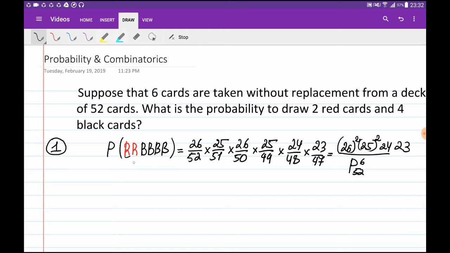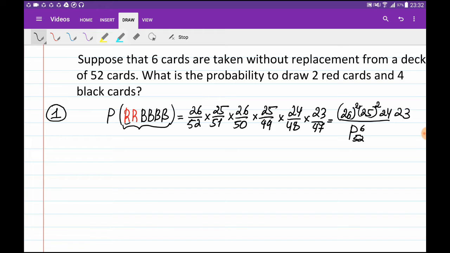Now we can draw these 2 red cards and 4 black cards in different orders. So how many different permutations exist for such a combination of cards? We need to find the so-called outer permutation. We consider that the permutations of the red cards among themselves are the same.